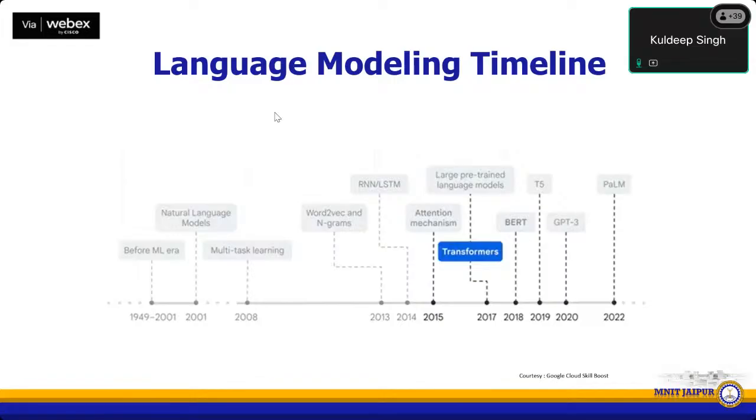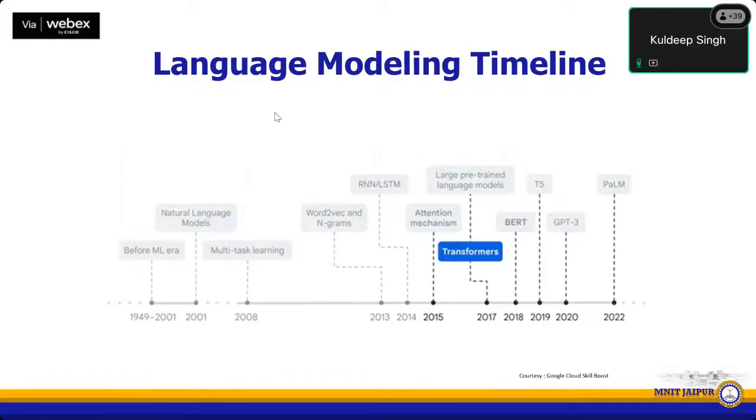And basically this 2017 was the eureka moment for natural language processing. In a similar fashion, 2012 was the eureka moment for the computer vision domain.